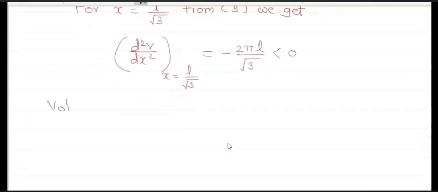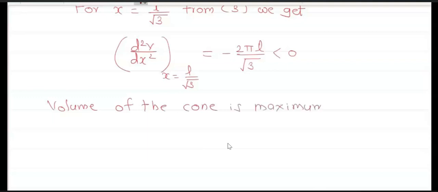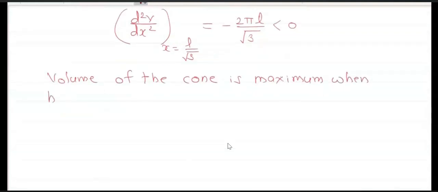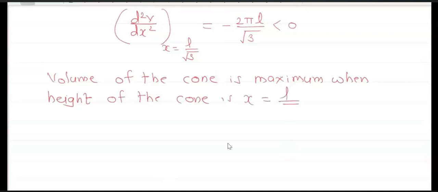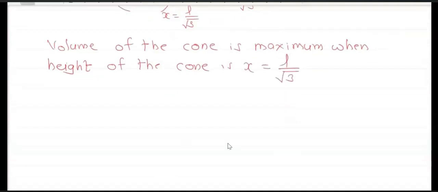It is negative, and this is the condition for the maximum. Therefore, the volume of the cone is maximum when the height of the cone is x is equal to L upon root 3.